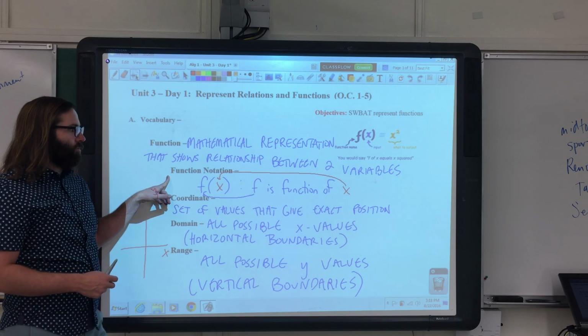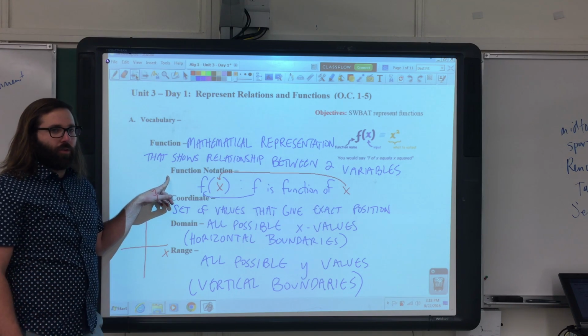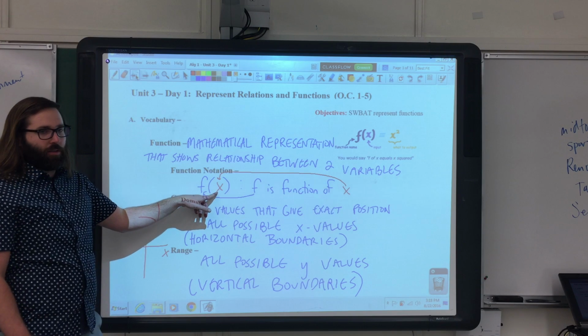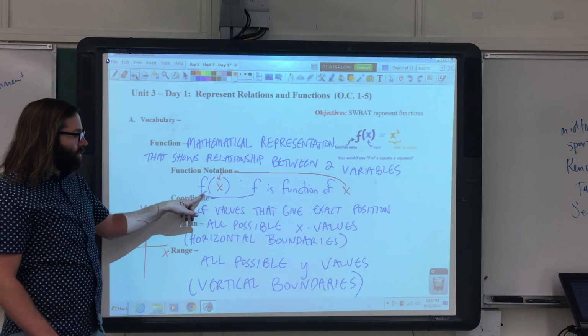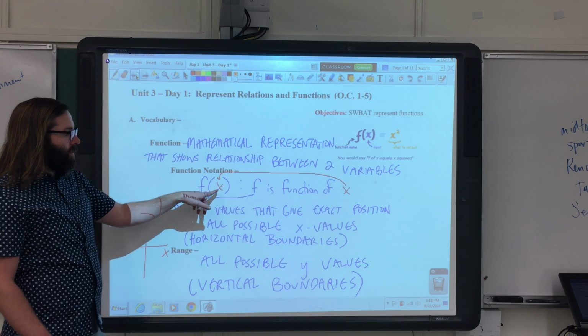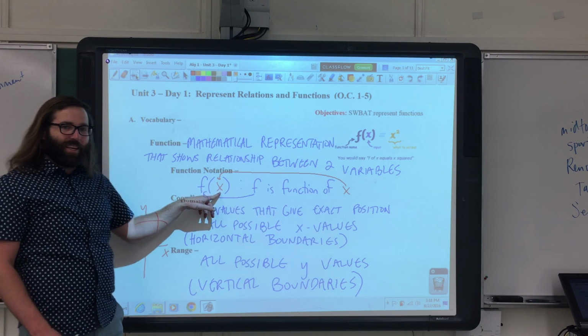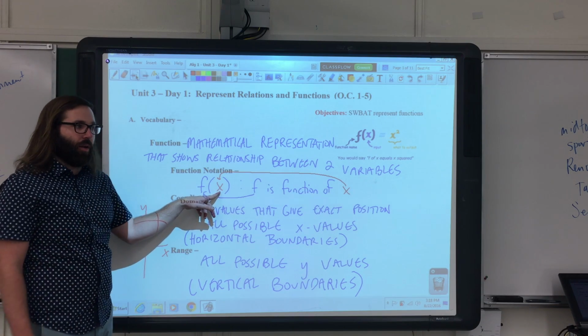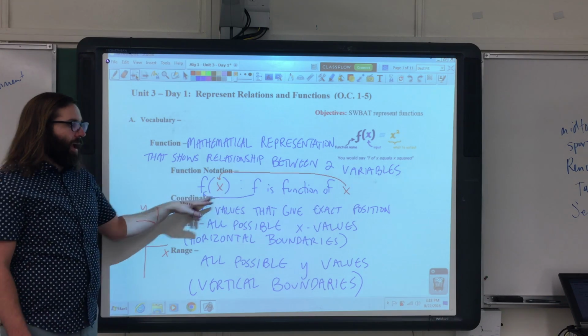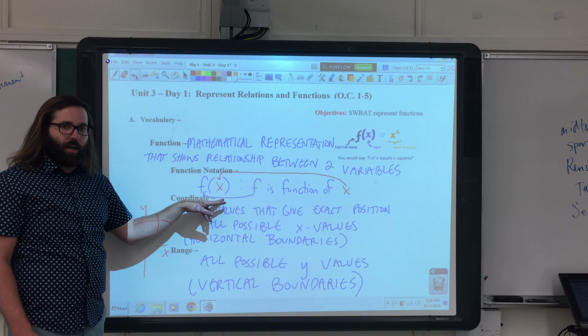Now to actually write the function in mathematical terms, we use f of x, or sometimes g of x, h of x, it doesn't matter. This is the function name. This is your input. This is what you're putting into the equation. And that equals what you get out of it. So f of x, you're going to see a lot of.